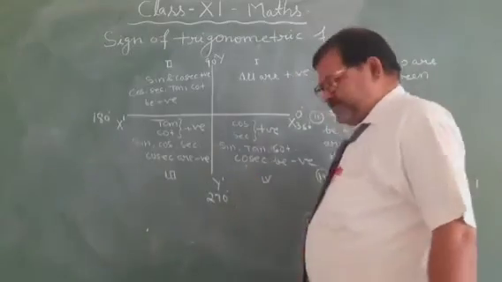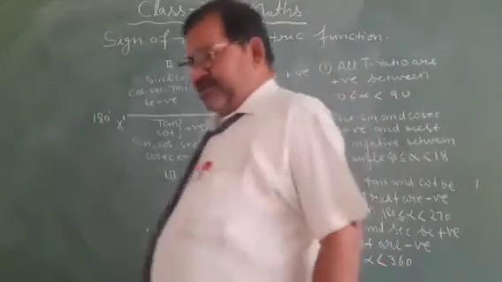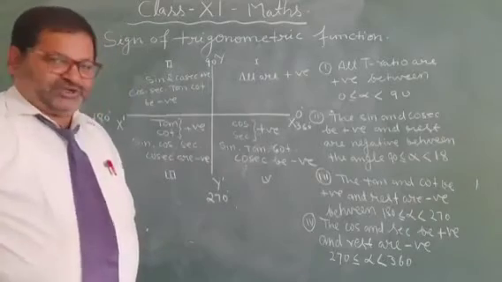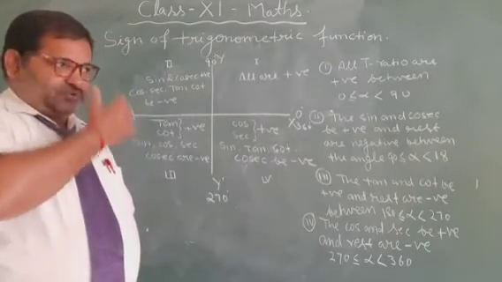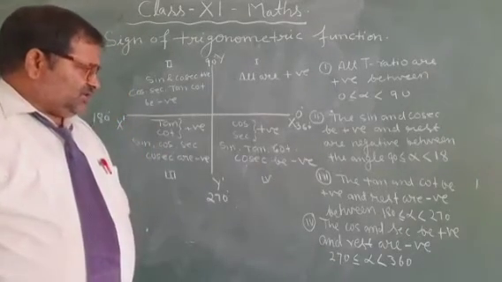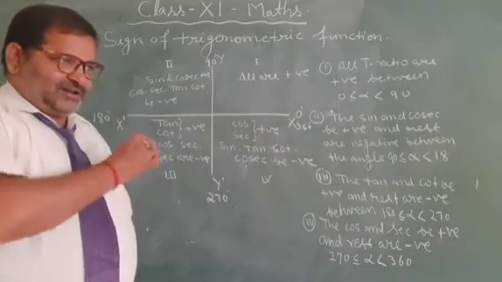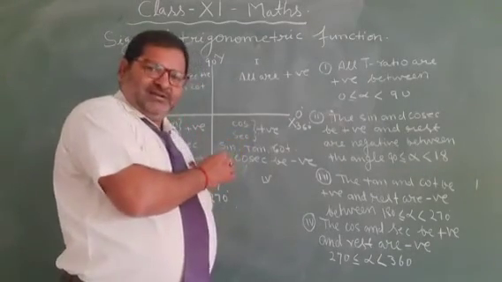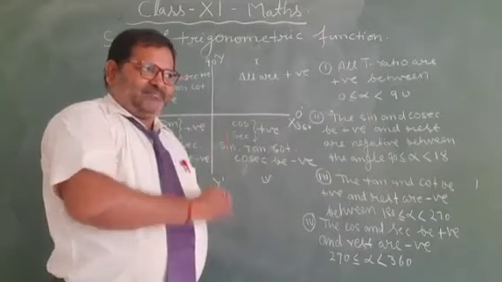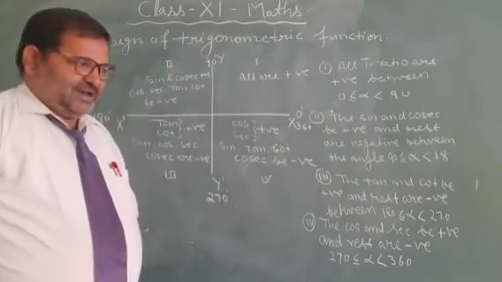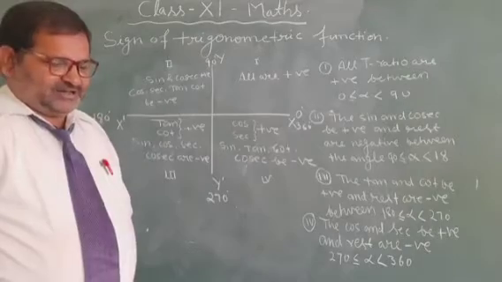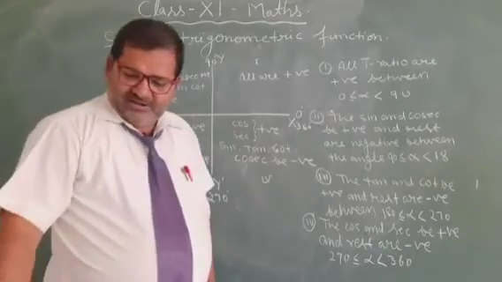And the last, the angle lies between 270 to 360, then the cos and sec be positive and the rest of trigonometric function be negative. Now clear? Next point.